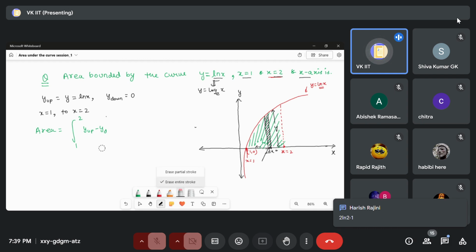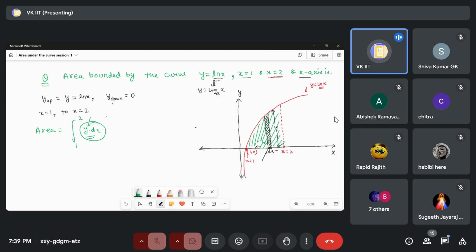Actually now what we say is, we write it as y dx. But y dx is also coming from where? It is coming from when you are putting y down as 0. Can you see? Y up is equal to y. Students just remember only that y dx is always y dx.